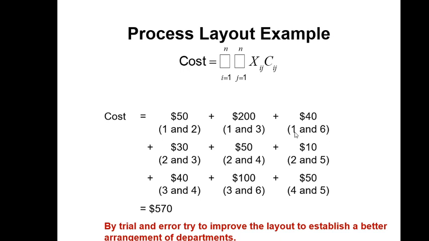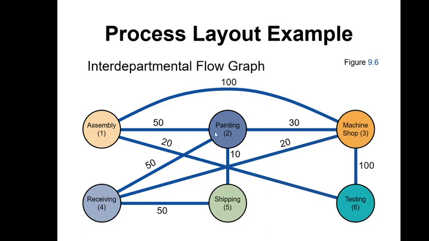And between the assembly department 1 and department 6, we multiply the 20 loads by 2. That's why it's $40. And we will do the same for the others. For example, from department 2 to department 3, I will show you, go back here, now we finish from the assembly. The assembly gives to 3 departments.